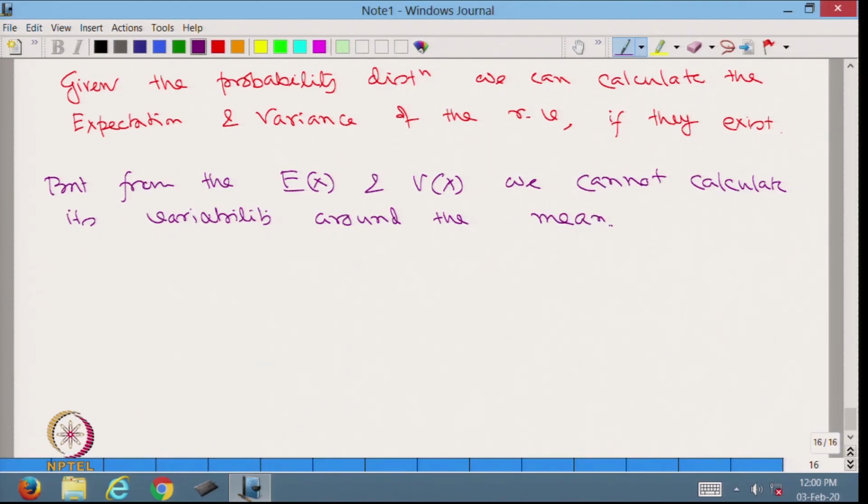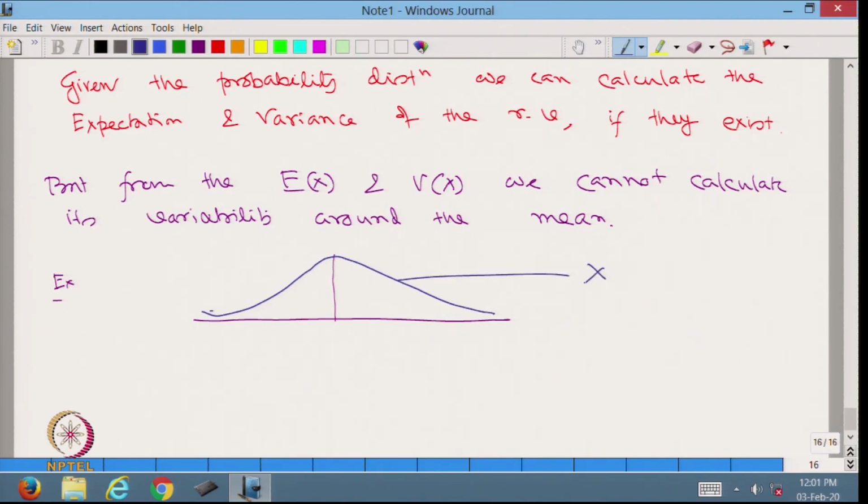For example, suppose a random variable has this expectation, but suppose its distribution is something like this. Suppose this is for x.